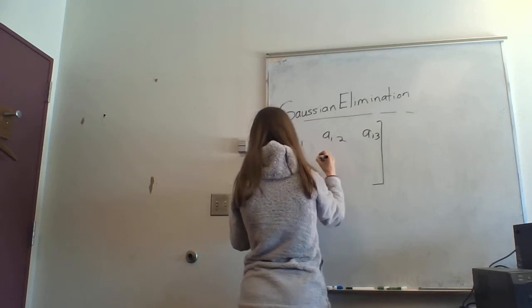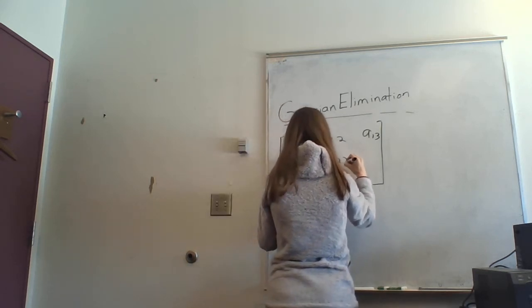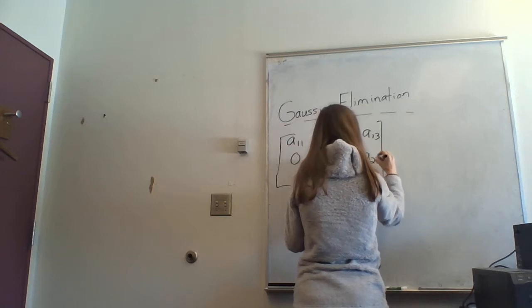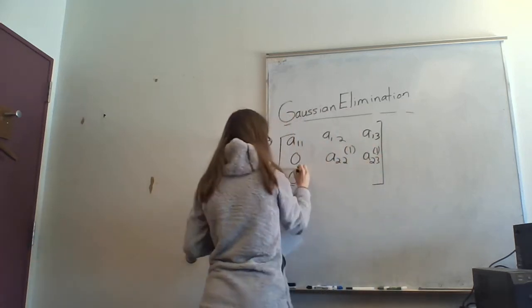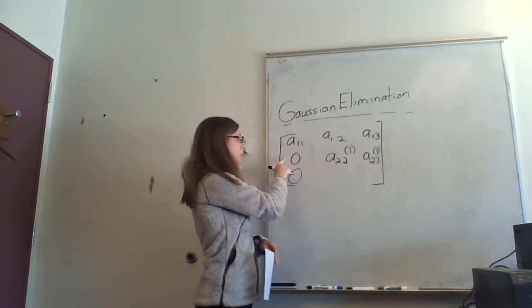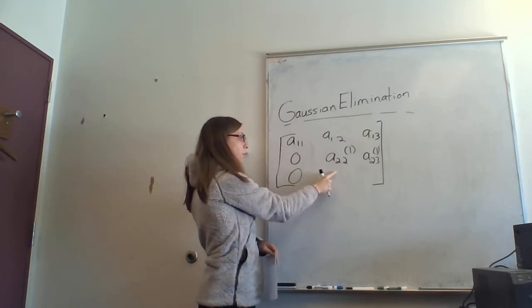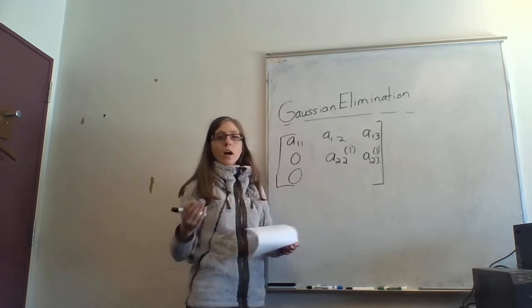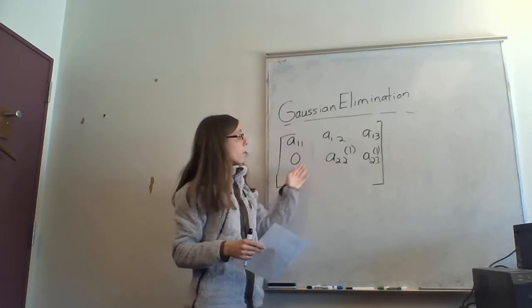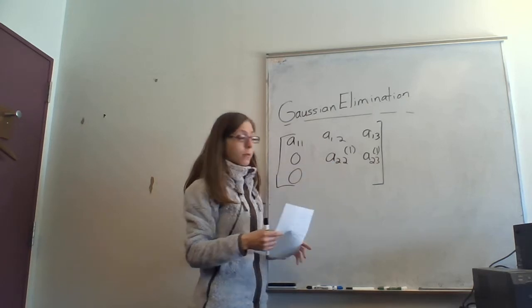First we have to eliminate all these entries in the first column, because we said we're going to want everything below the diagonal to be 0. So eventually we want to get this one to be 0 too, but first we go down the column, and then we'll move over a column and go down again.